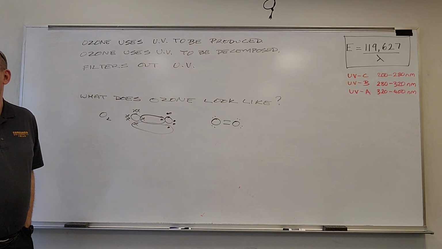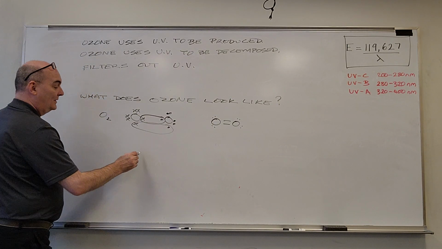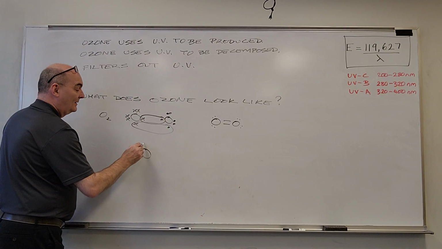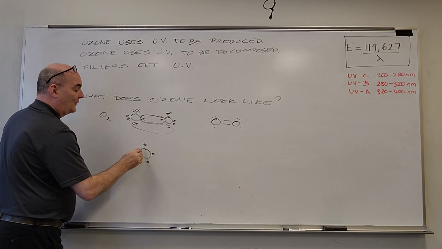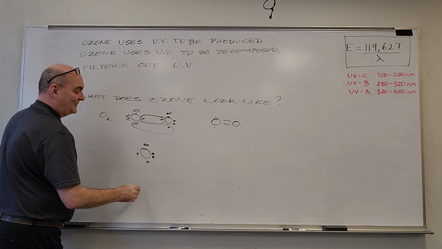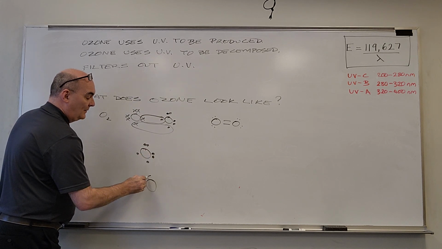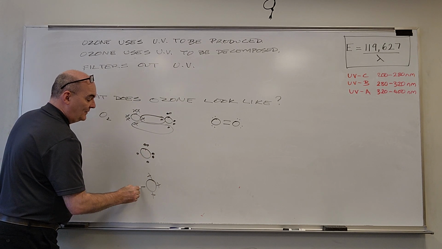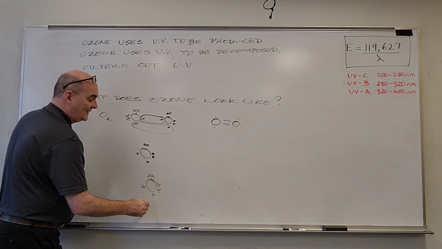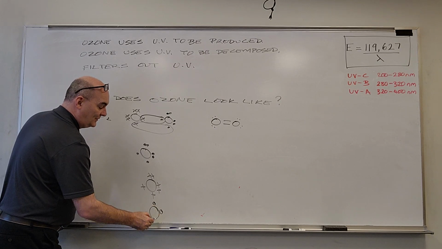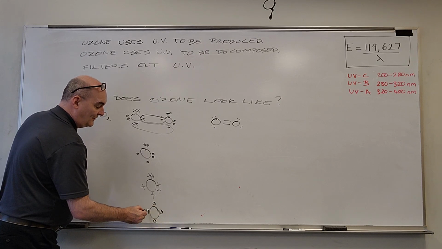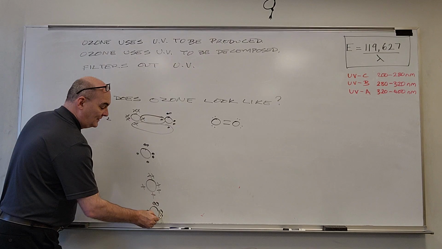Now do ozone. Ozone is 1, 2, 3, 4, 5, 6. 1, 2, 3, 4, 5, 6. And then, what else can I do? 1, 2, 3, 4, 5, 6.